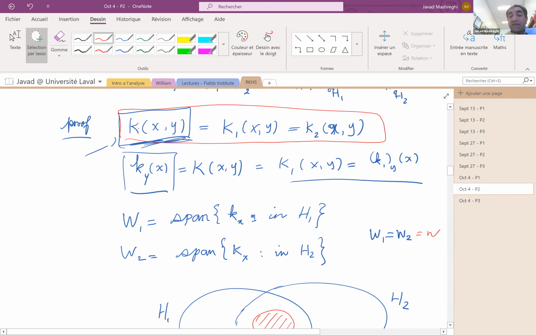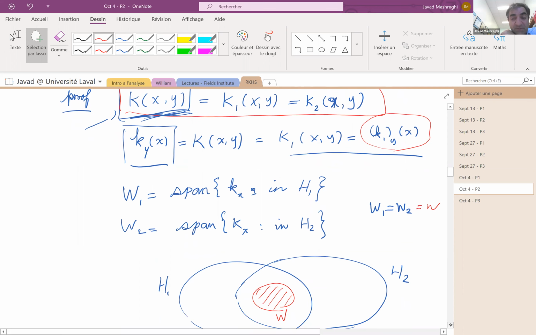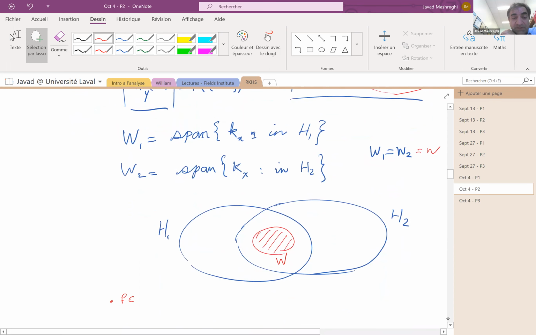When I write K index Y or K index X, it can be interpreted as K1 index X or K2 index X. It's the same thing. But if I write it this way, it stays in H1. If I write using K2, it will be in H2. So it's the same function space, but K equal to K1 equal to K2 says that it's in H1 and also in H2.